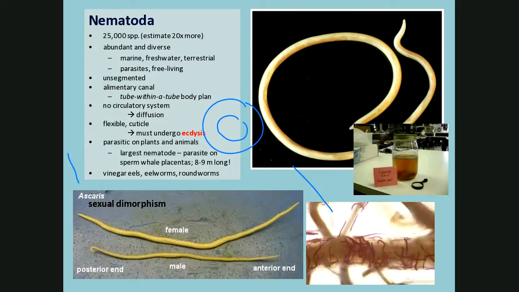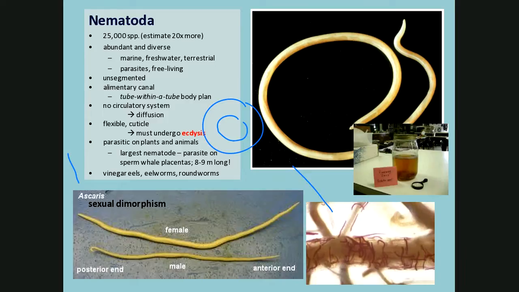If we were to take a look at the inside of a typical Ascaris, either male or female, there's basically two things inside these organisms. There's the tube within the tube, the alimentary canal, and then there's reproductive organs. That's about all they are, which is something that we saw in the tapeworm. Tapeworm didn't even have a way to feed.